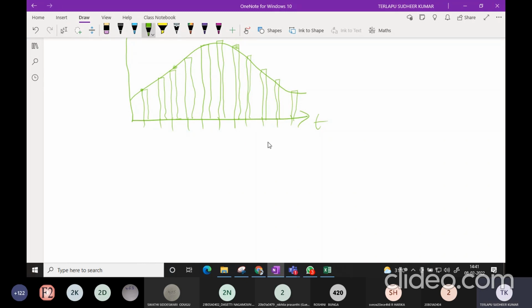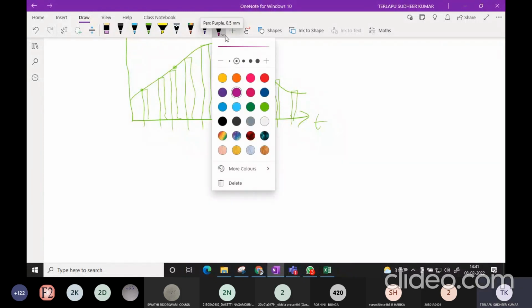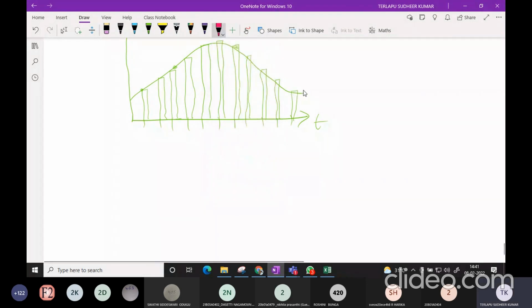I'll change the color so that you can understand more clearly. So this is the deviation that you can observe, and that is what we call sampling error. Here also there is a deviation, here also.